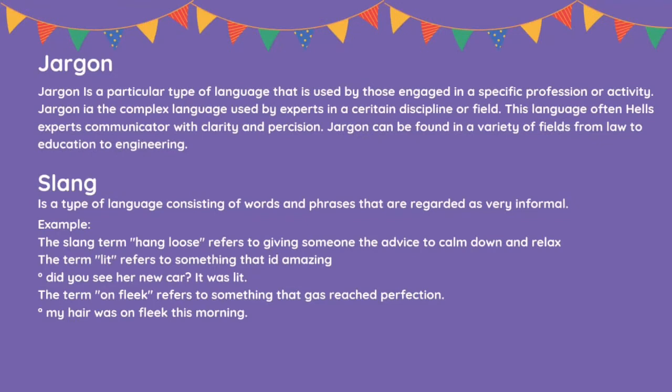Jargon is a particular type of language that is used by those engaged in a specific profession or activity. Jargon is the complex language used by experts in a certain discipline or field.